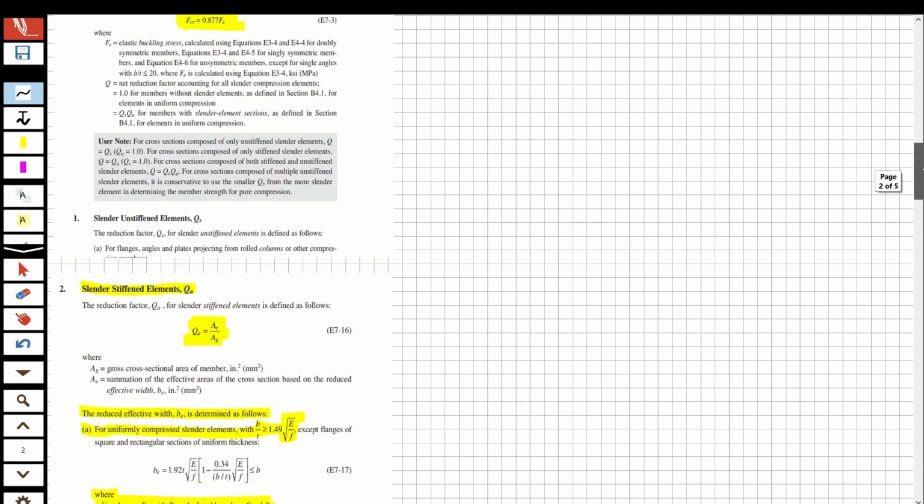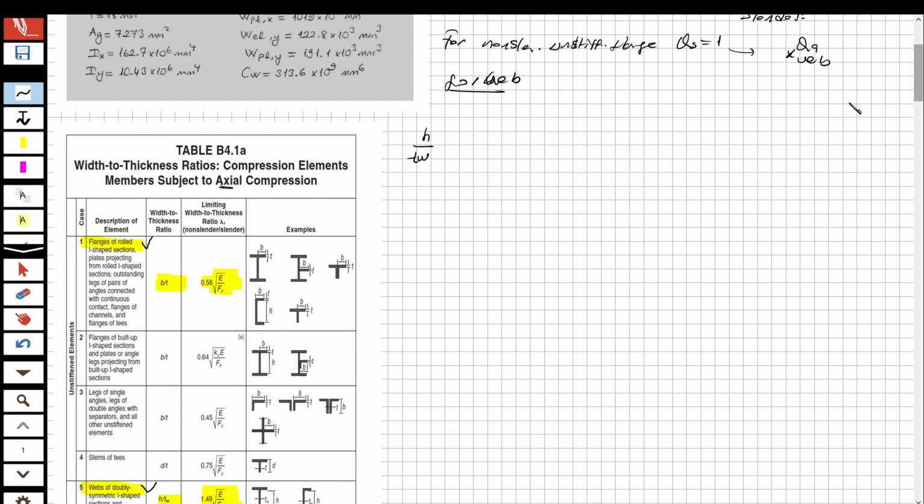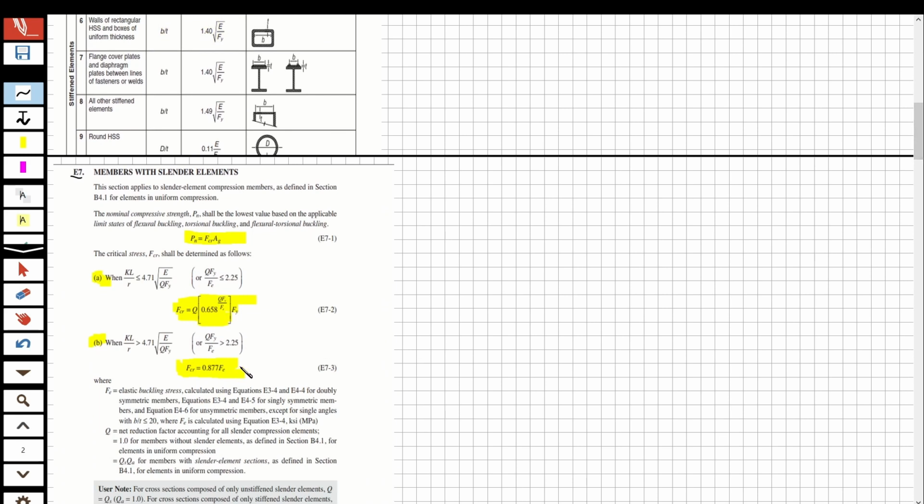Now let's do it. If you remember, h over t was equal to 37.3, compared with 1.49 times the square root of E over F critical. But how is F critical going to be calculated? Let's check. We make a comparison between both of these and then choose one of them.